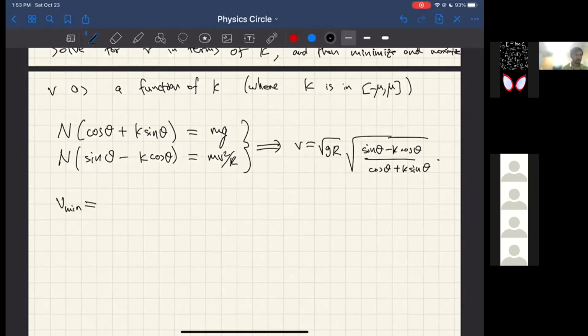Somebody tell me the minimum speed. So this is v as a function of k. And the only thing we know about k is that it's between minus mu and mu. Not necessarily 0.